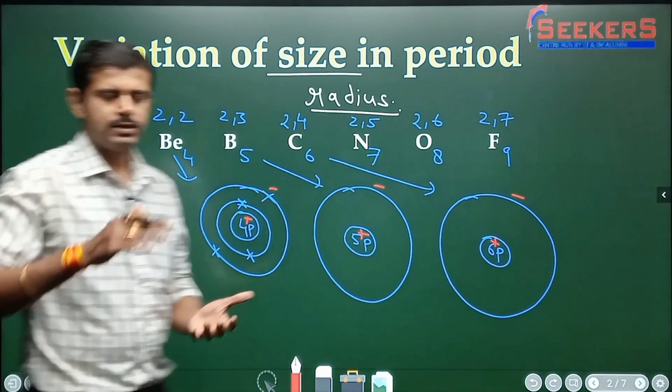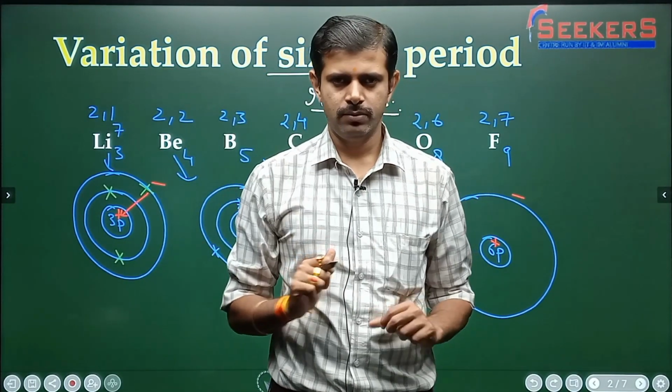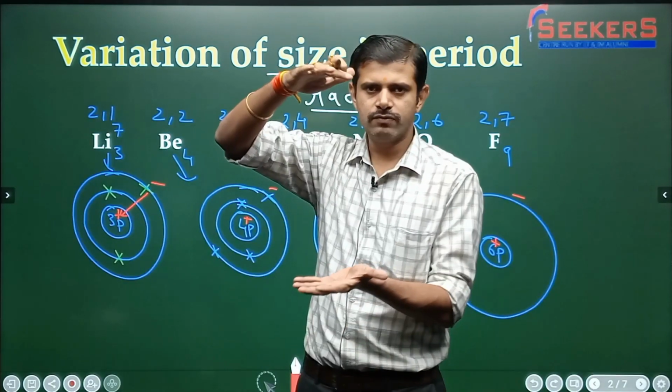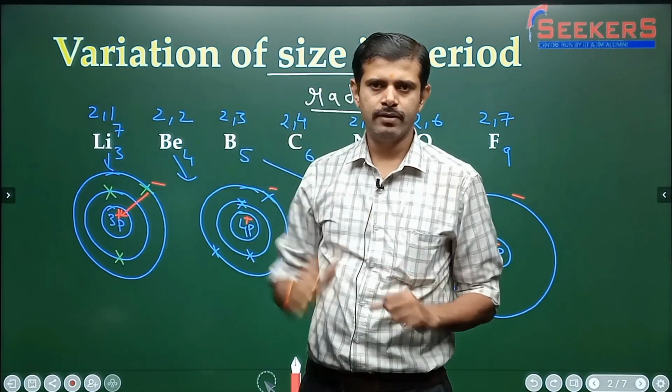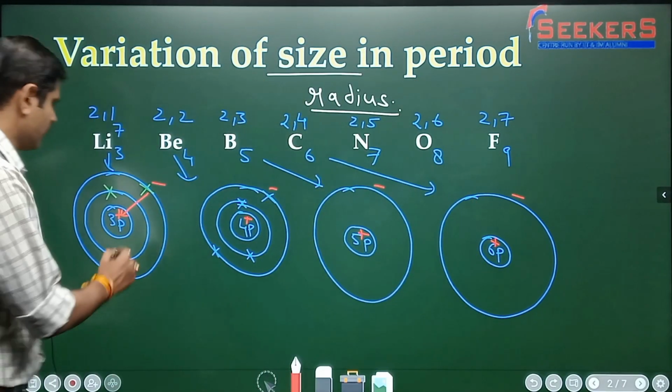So the size of an atom will always shrink because of the attractive force between the nucleus and the electrons.